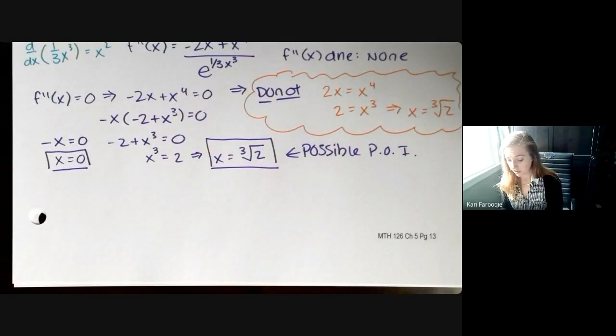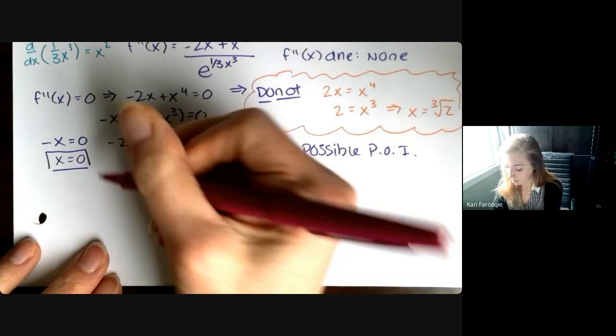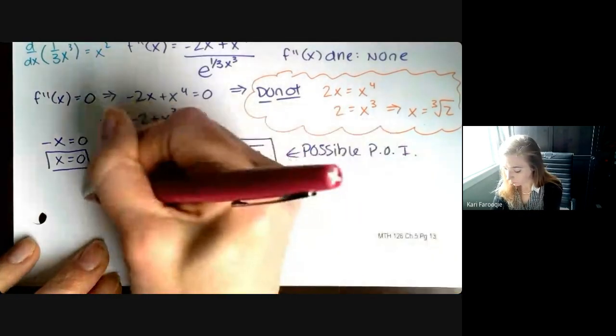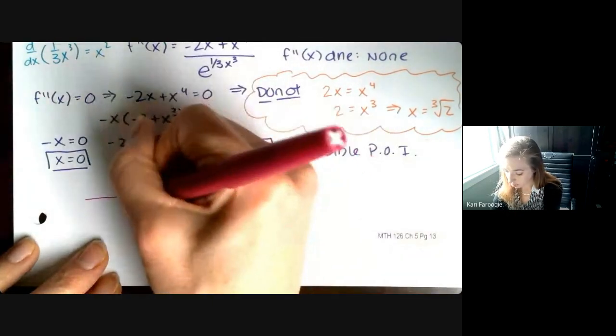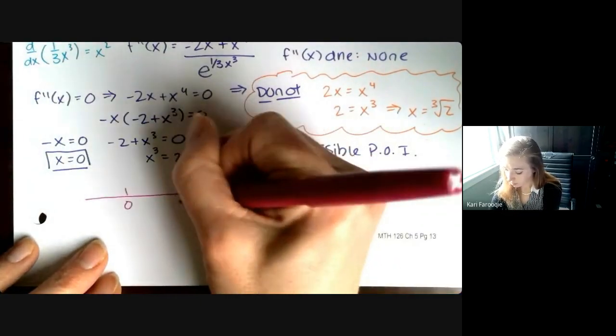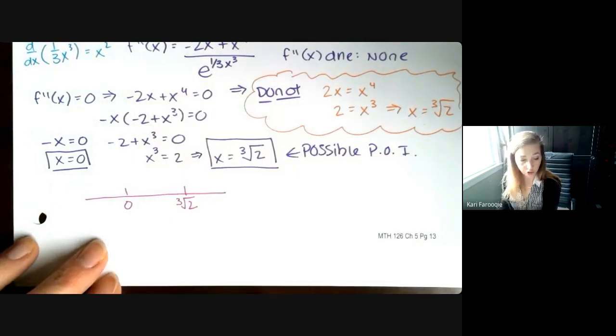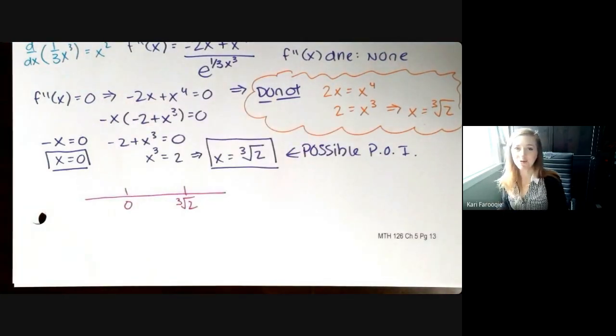So let's go ahead and do the sign analysis. I, again, have all real numbers for my domain. So I'm going to go ahead and check 0 and the cube root of 2. If you're checking the cube root of 2 and 0, you especially need to figure out what the value for the cube root of 2 is.